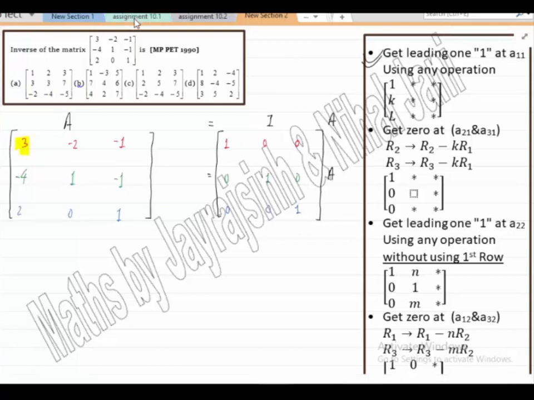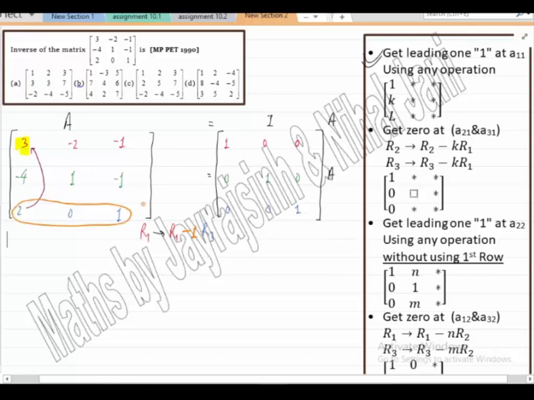And for that I think we should subtract the third row from the first row, so we operate R1 gives R1 minus 1 R3. That means we have to multiply the third row by minus 1 and then add it to the first row.